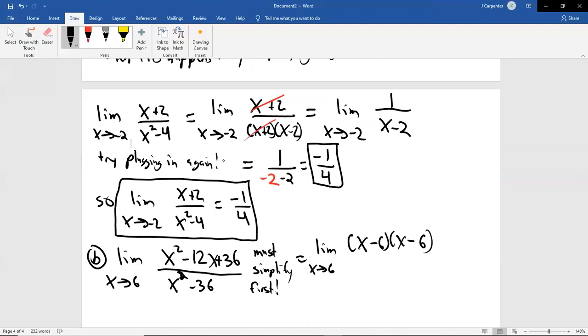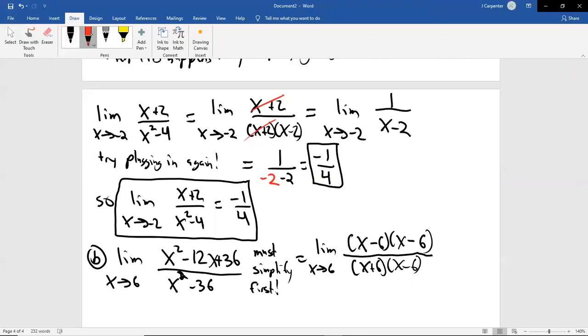If you are not great with your arithmetic with signed numbers, you need to spend 20 hours working on that before next class. Because that's important for factoring, and factoring is never going away in this class. The bottom is another difference of squares, x squared minus 36. That would become x plus 6 times x minus 6. The top and bottom are not the exact same thing. They're close, but one of the signs is different.